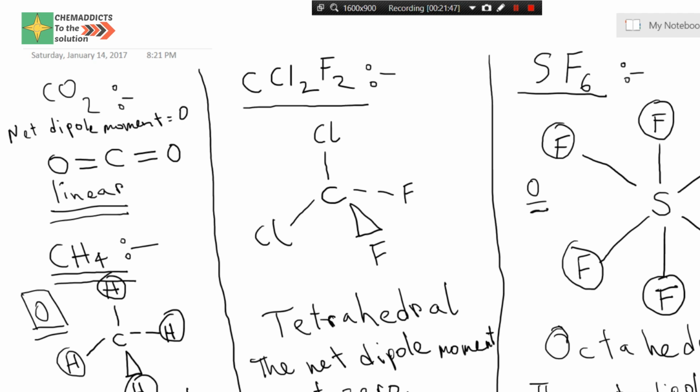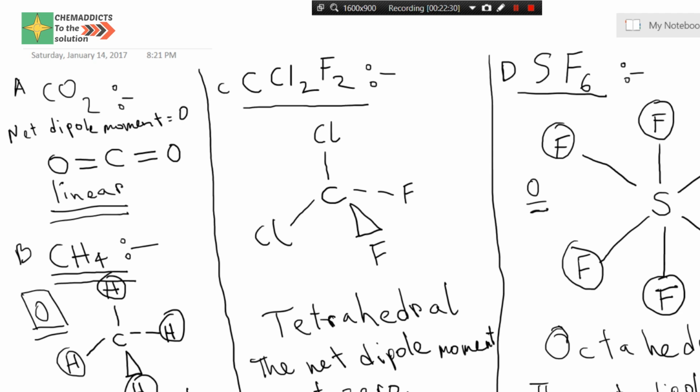So here the options are: this is A, this is B, methane is B, then dichlorodifluoromethane is C, and this is D. In options A, B and D, we can see that all molecules are symmetric and have net dipole moment 0.